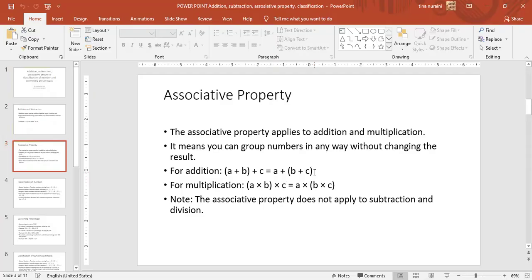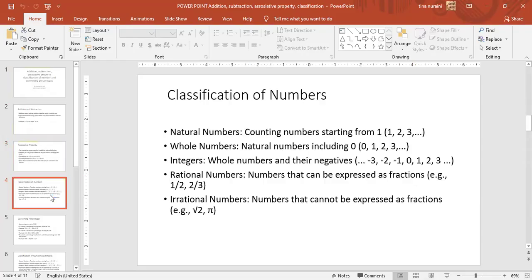Sorry, it's the associative property. And then for multiplication, a x b and c. If you want to put the a first, you can put b and c together in the associative property. So we have to note the associative property does not apply to subtraction and division.